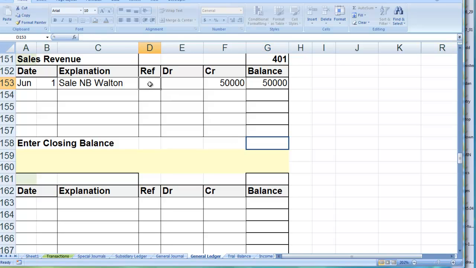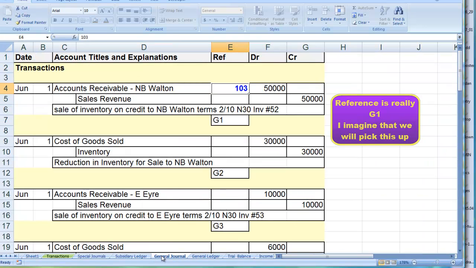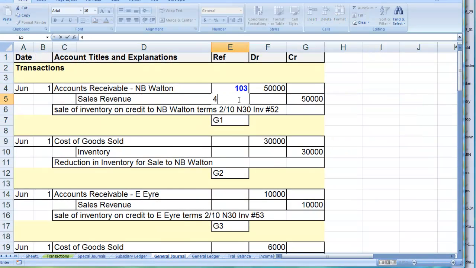This is account 401, so this has come from G1, and I go back to the general journal and I put in here 401, to indicate that I've posted this to the general ledger. Now I need to go to the next item, cost of goods sold.